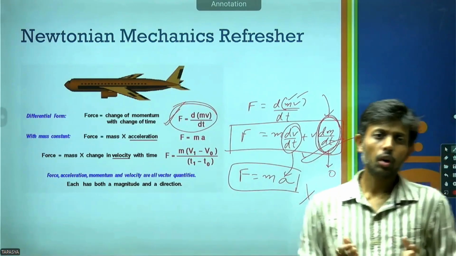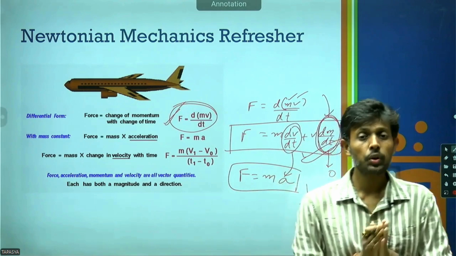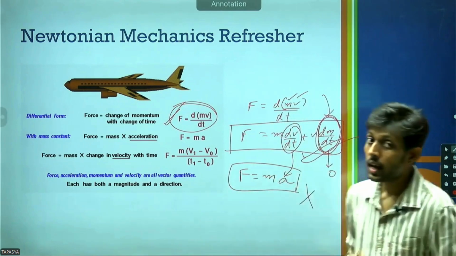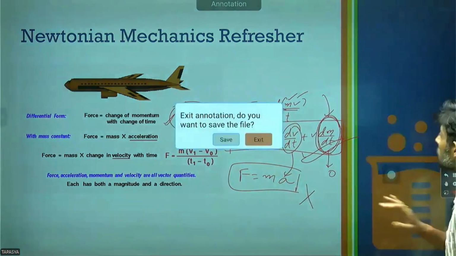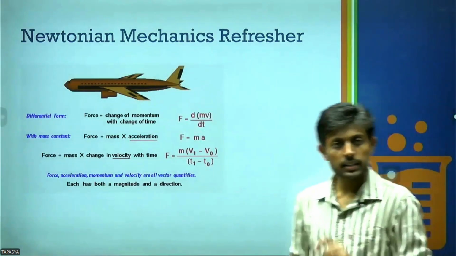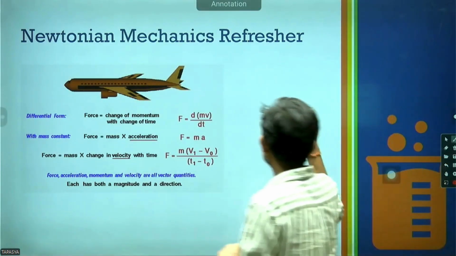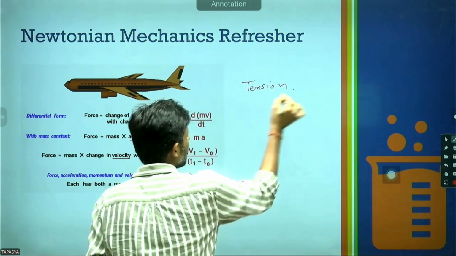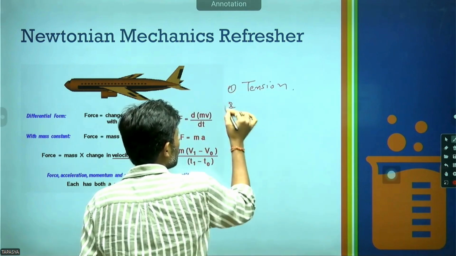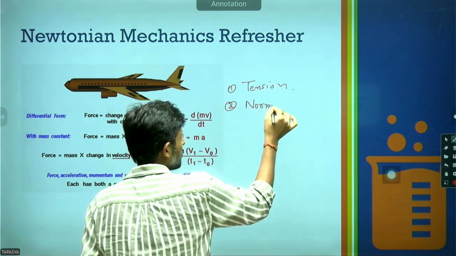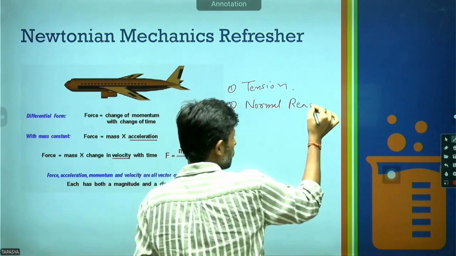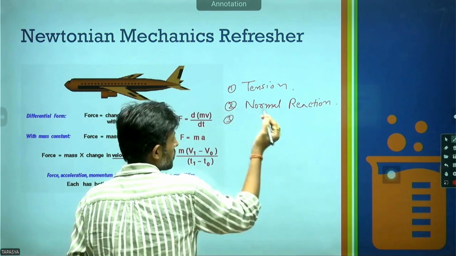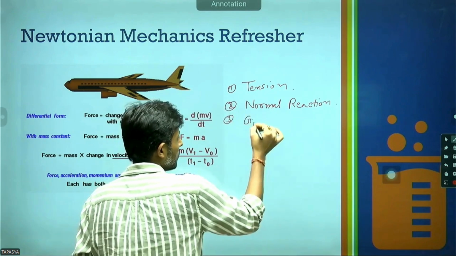And whenever we talk about Newtonian mechanics, we talk about forces. There are different types of forces. Again, a quick refresher for those forces. You've already seen those forces. Forces like the tension force, the normal reaction force, very, very important, normal reaction force. The gravitational force, of course, the pull of the earth.